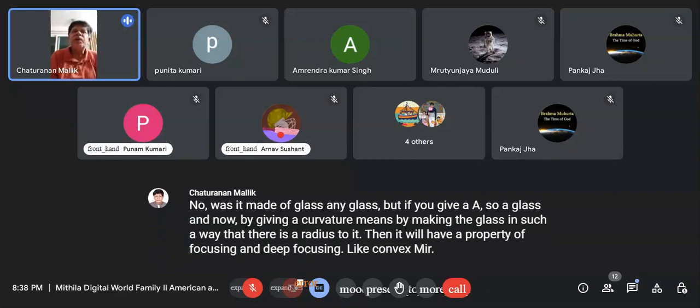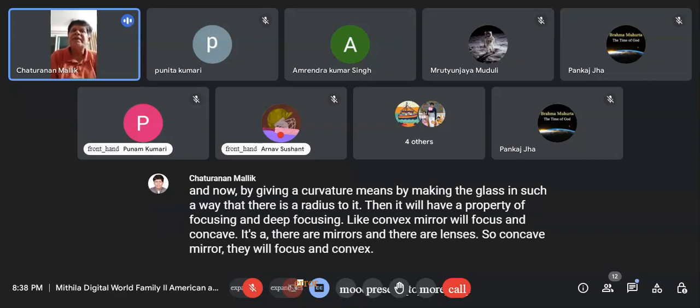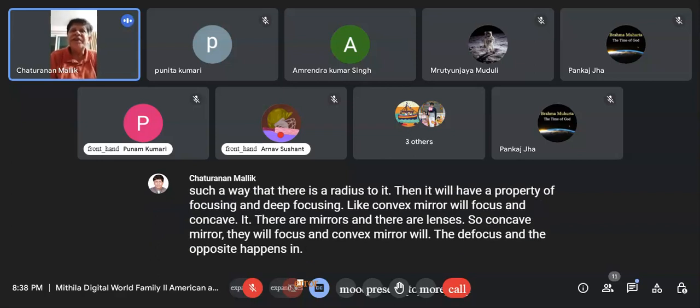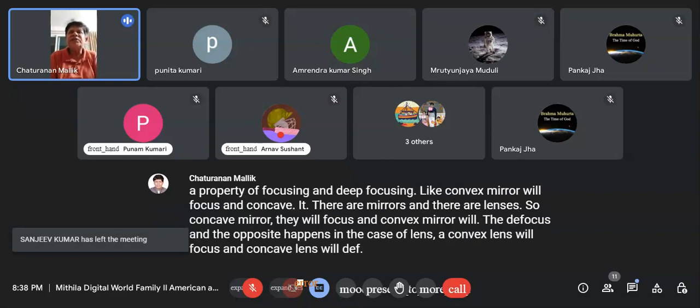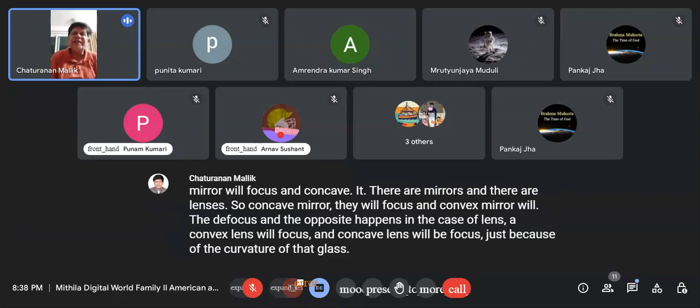Concave mirrors will focus, and convex mirrors will defocus. The opposite happens in the case of lenses: a convex lens will focus and a concave lens will defocus, just because of the curvature of the glass or reflecting surface.